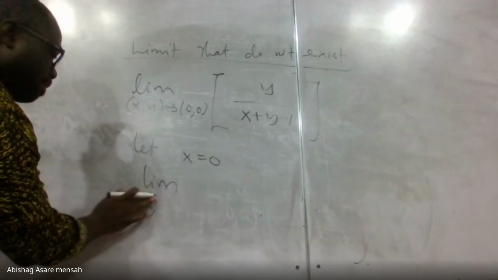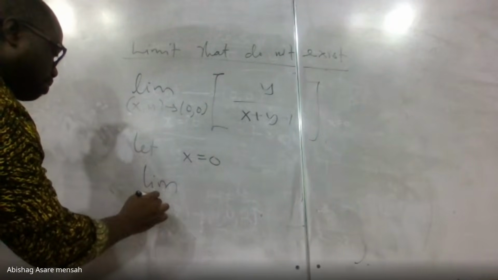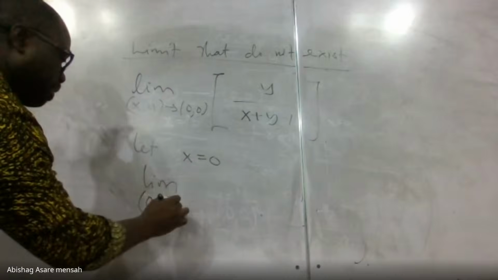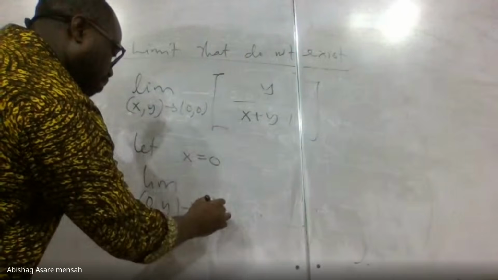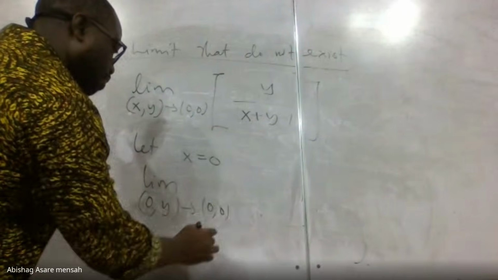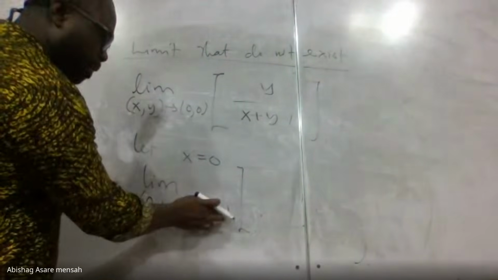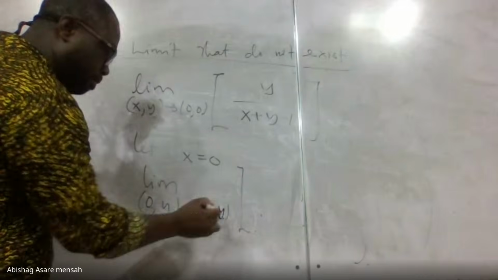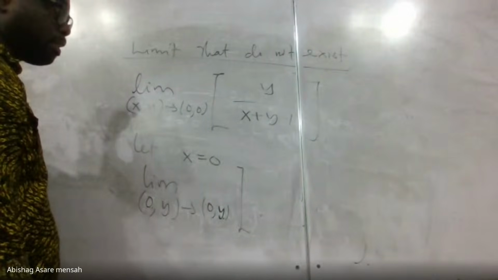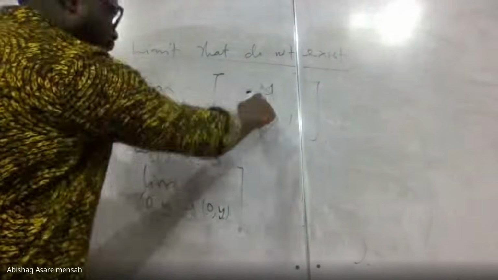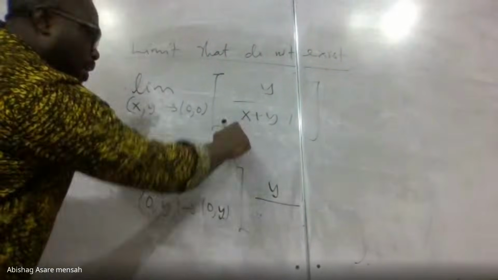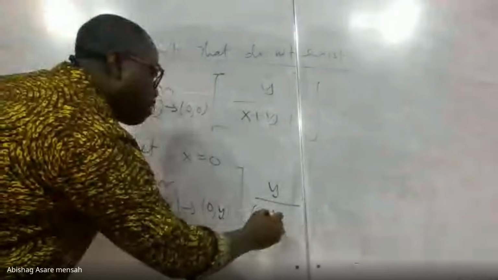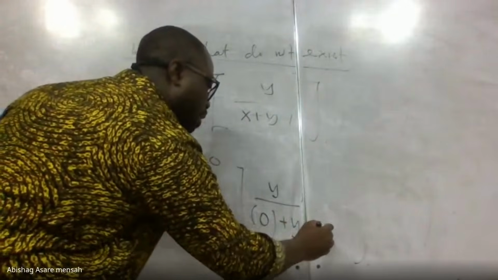Here, x is now 0, and the y is the same. Please still keep the y. We are not touching the y. So when x is 0, y will be there and x will be 0, so 0 plus y minus 1.